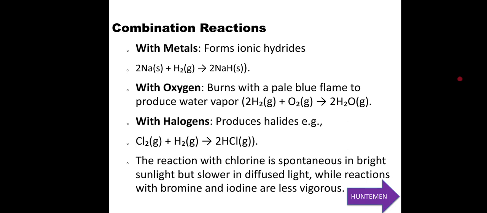The reaction with chlorine is spontaneous, that is, it occurs on its own in bright sunlight, but is very slow in diffuse light. When we say a reaction is spontaneous, that means it occurs on its own without external influence. In this case, this is a photolysis reaction, a reaction that involves light.